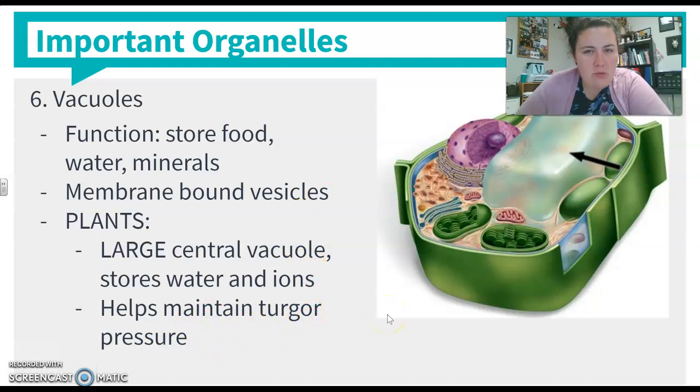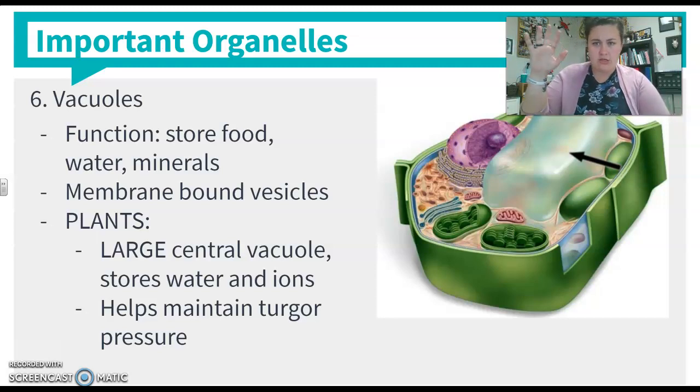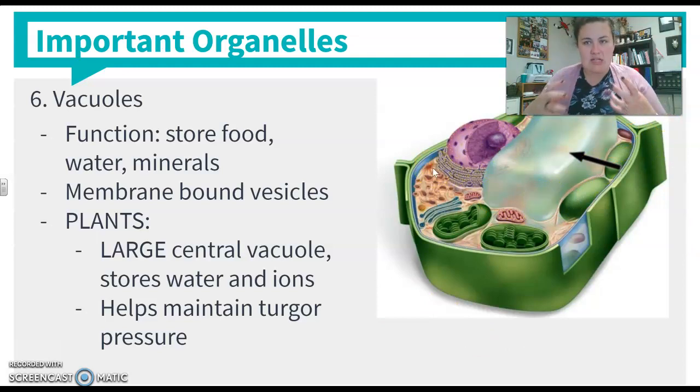We'll talk a little bit more about that, I think, on Friday, and definitely next week when we talk about how water moves in and out of cells. But if you ever forget to water your plant, you'll notice that it will start to sag and fall over. That is because this giant central vacuole in the plant helps the plant maintain its rigidity.